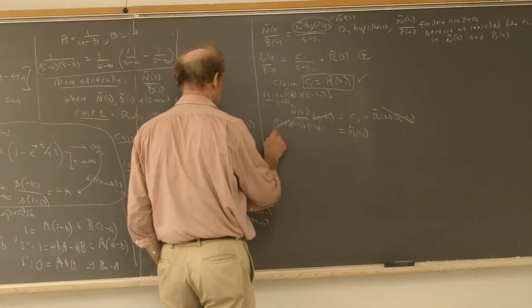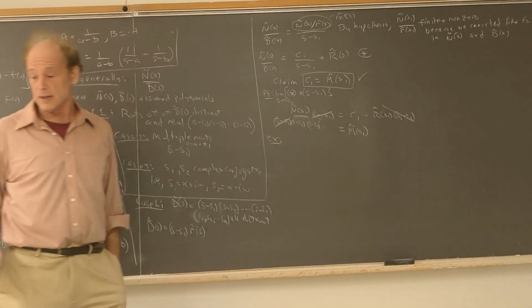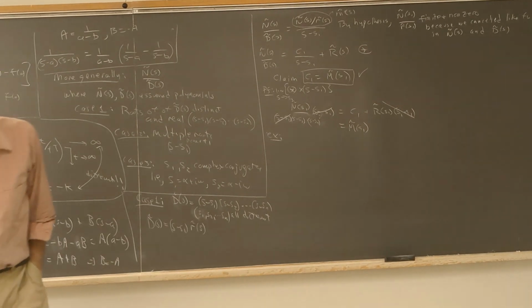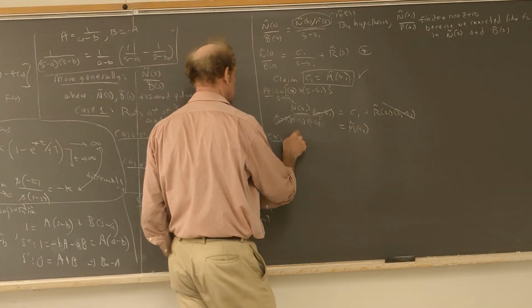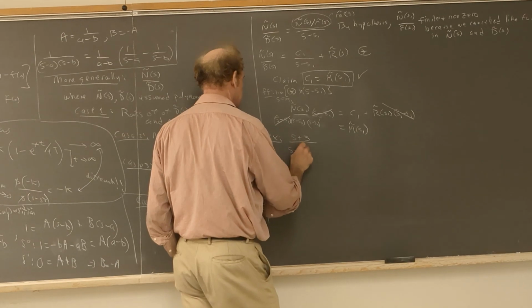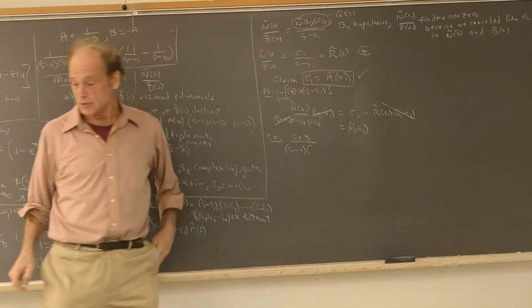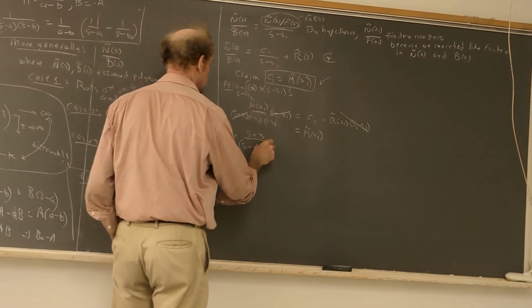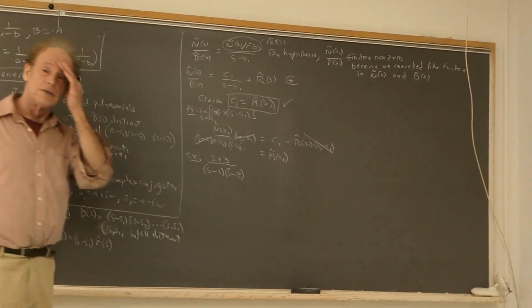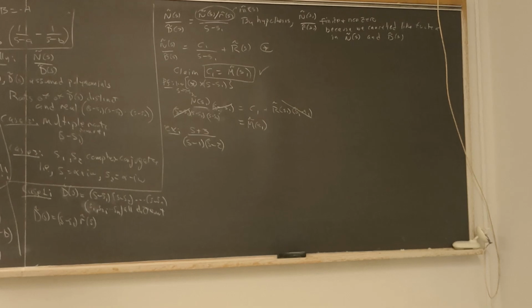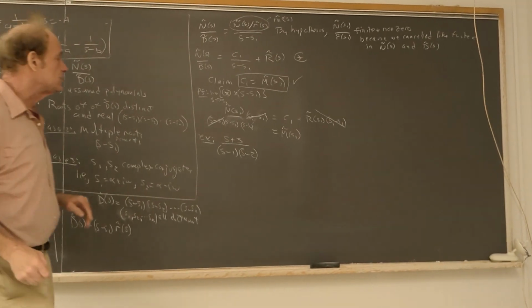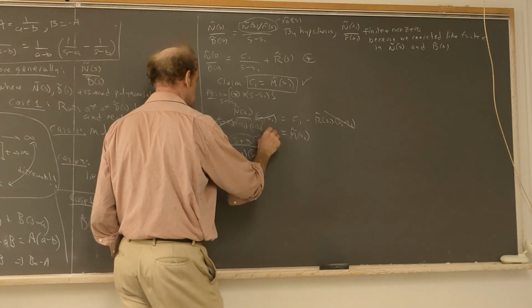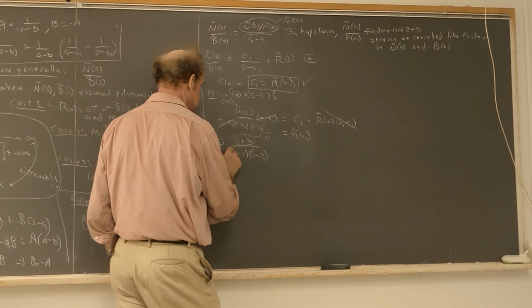So let's look at an example. Let's look at, say, s plus 3 over s minus 1, s minus 2. So this is n tilde, and this is d tilde.